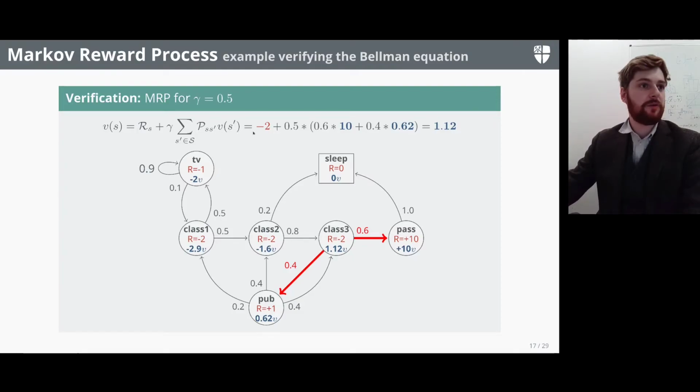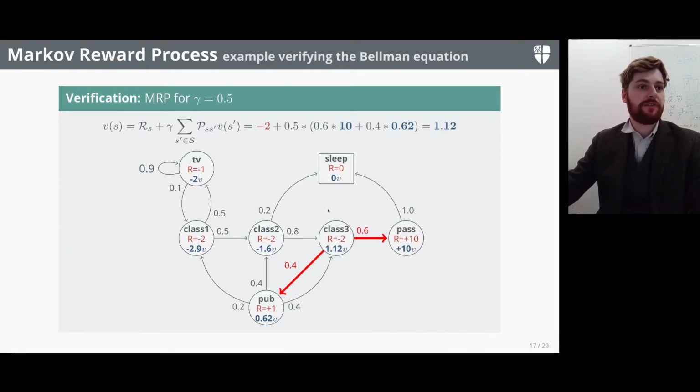So that's just equal to, let's start here, the immediate reward, which is -2 of this state here, plus the discounting factor gamma, and we're just setting that as equal to 0.5, so that's here, times, and then we're going to start by saying it's 0.6 because we're summing over the transitions, the probabilities, so it's the probability of transitioning to the past state, so it's 0.6 probability times the value function at the next state, which is this 10v here, and then we're also going to sum.